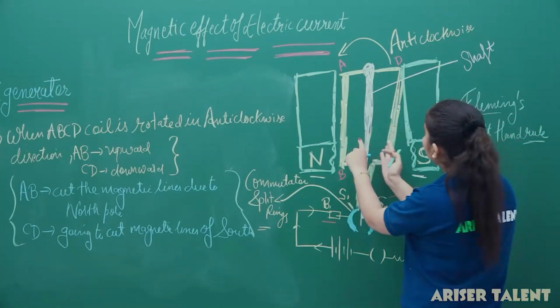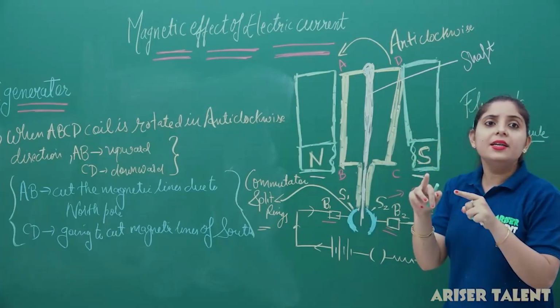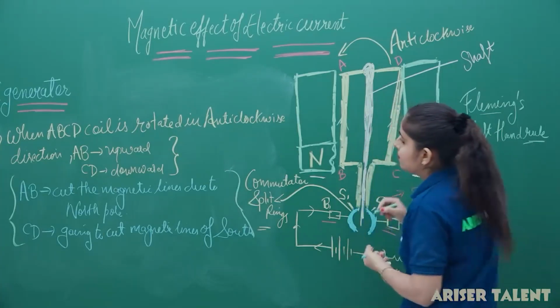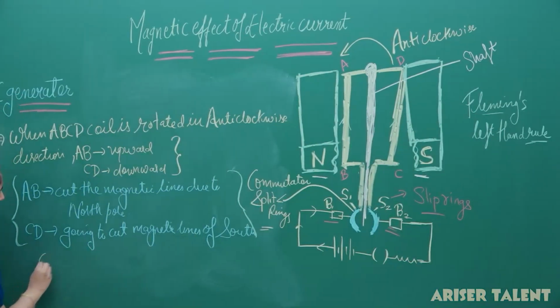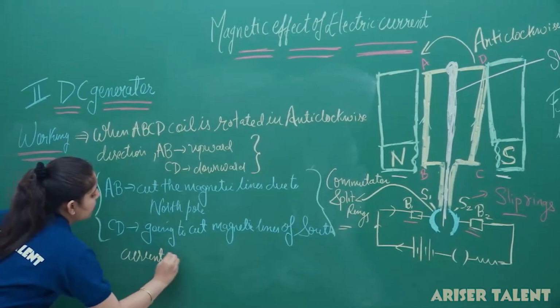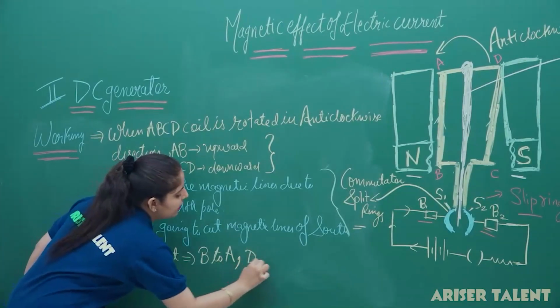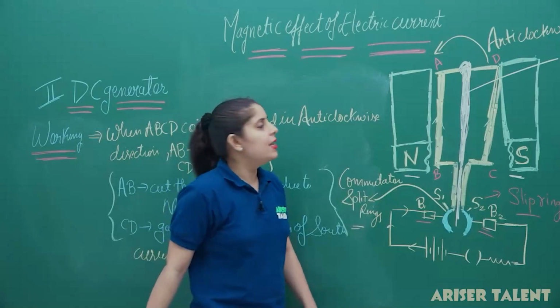Suppose this AB part is coming in the upward direction. Then the current in the coil will flow from B to A and D to C. If it is rotated in anti-clockwise manner, the current will flow from B to A and D to C, in accordance with Fleming's left hand rule.